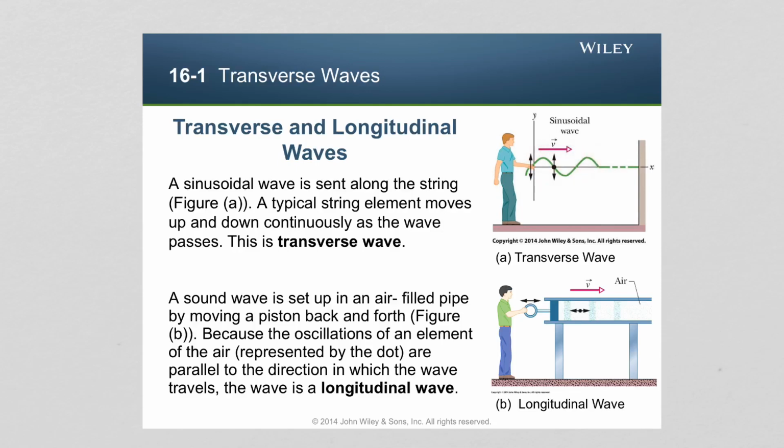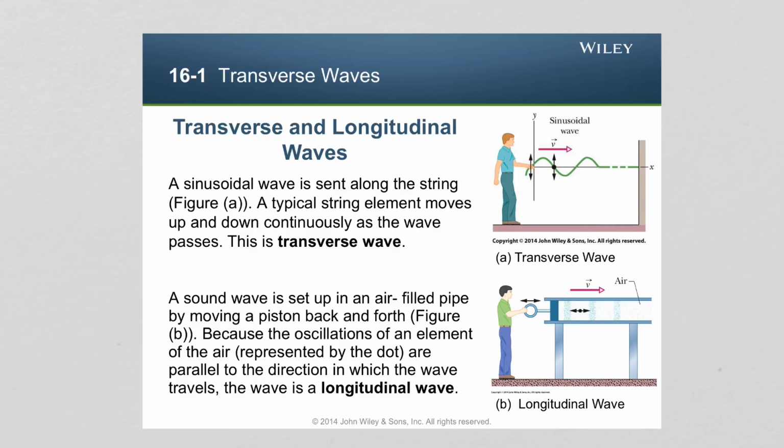Now, the important part here is to understand that the particles of the rope themselves do not move down the rope. Because if that was the case, then at some point there would be no more rope for the person to hold onto. What happens is the particles of the rope oscillate vertically up and down as the wave passes through that portion of the rope.